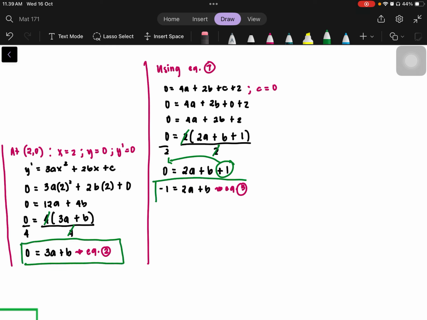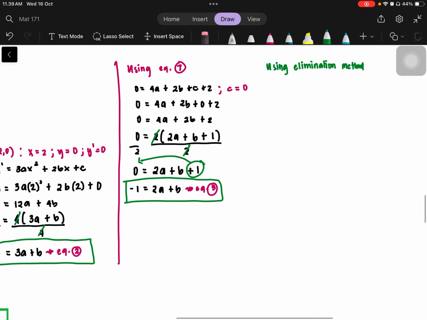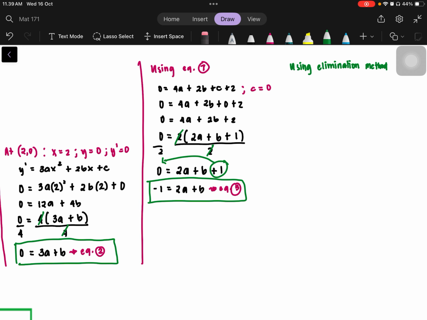Take note that we still have our equation number 2 and equation number 3. If we use, okay, using elimination method, paano natin siya i-eliminate?